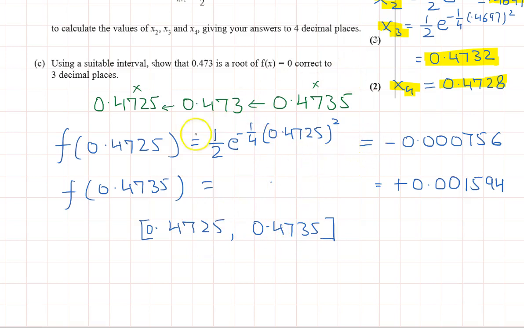So the root of f(x) is 0.473. This is to 3 places of decimal. So that is the answer.